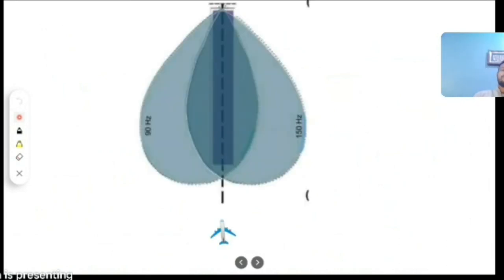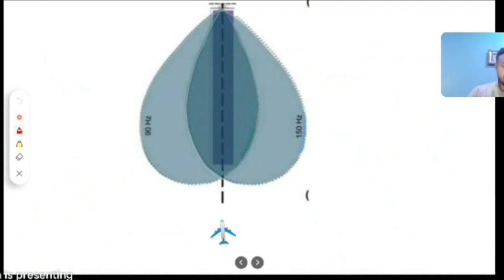Now coming to the ILS, first we'll see the localizer. They have installed a localizer antenna at the end of the runway. There will be a beam of electromagnetic waves transmitted from the end of the runway, divided in two parts.